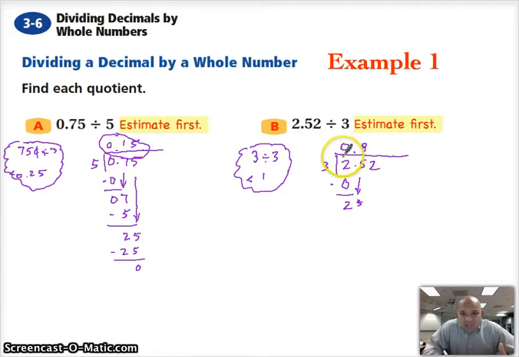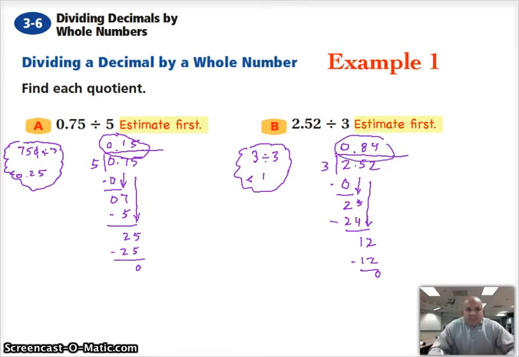Notice how I'm just dividing as if they were whole numbers at this point. 3 times 8 is 24. Subtract here, 25 subtract 4 is 1. Bring down the last number, which is the 2, for 12. 3 goes into 12 4 times. So my answer is 84 hundredths. Is that less than 1? Yeah. Is it close to being 1? Absolutely. So 84 hundredths is my answer.